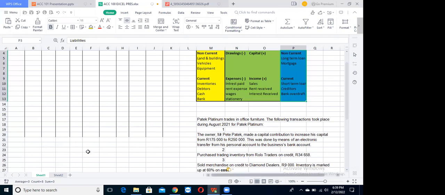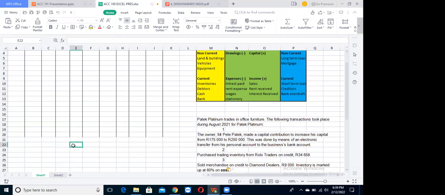So the first thing that we do is to identify the two accounts that are involved. I have said before when I was talking about the owner's equity that when an owner introduces money in the business, it's called capital.